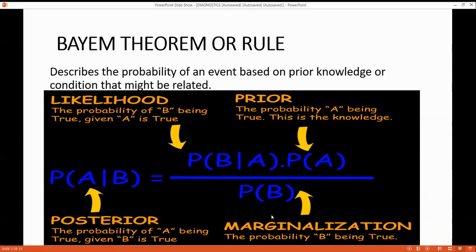Or it is 0.1 or 10%. But to make things a little bit easier, we're going to use numbers that are easier to calculate. And I want us to work on some problems.